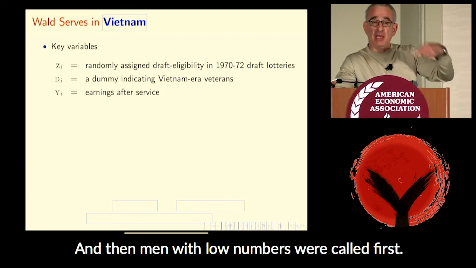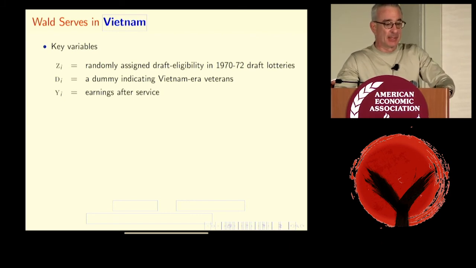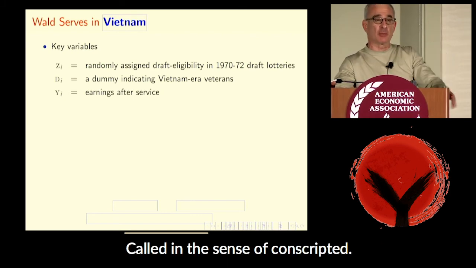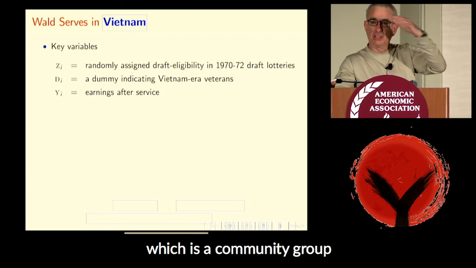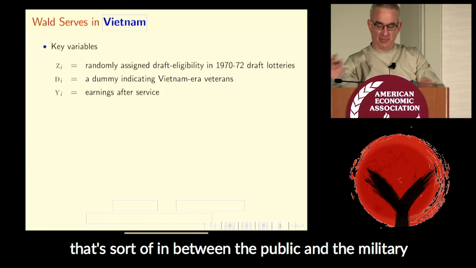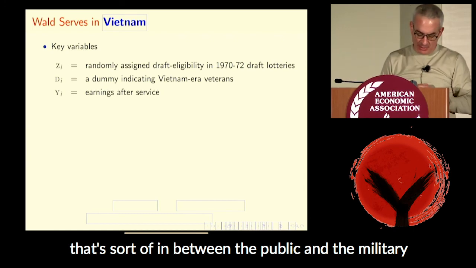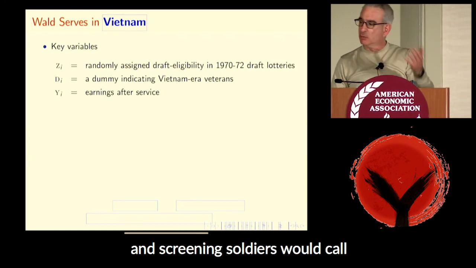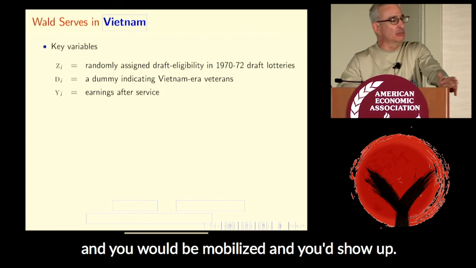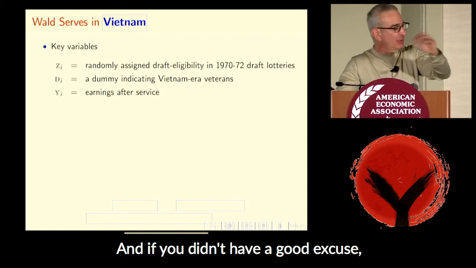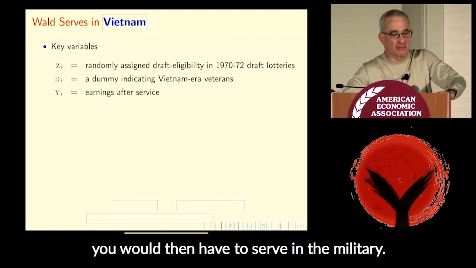And then men with low numbers were called first. Called in the sense of conscripted. So the local draft board, which is a community group that's sort of in between the public and the military and screening soldiers, would call on behalf of the selective service system, and you would be mobilized and you'd show up. And if you didn't have a good excuse, you would then have to serve in the military.